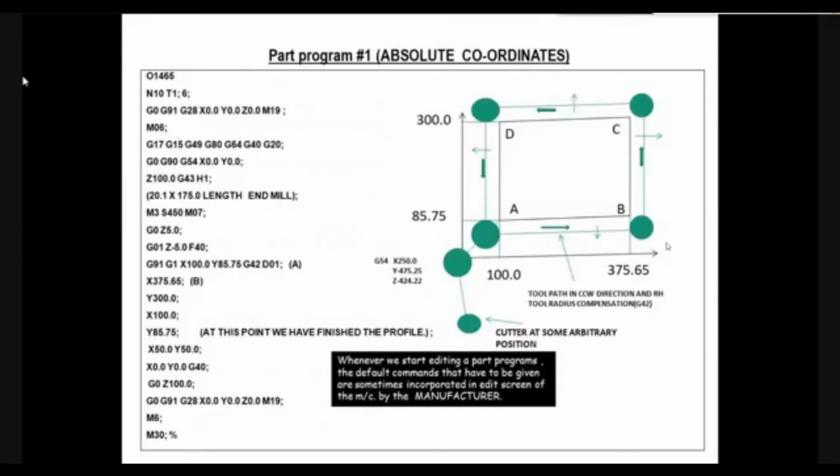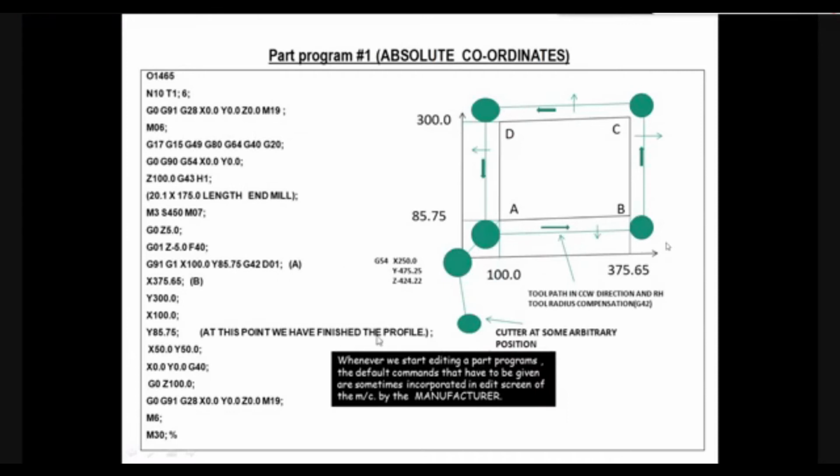So here, part program number 1. In this, we are using absolute coordinates. Just before switching over to the NC blocks or part program lines, go through the graph.